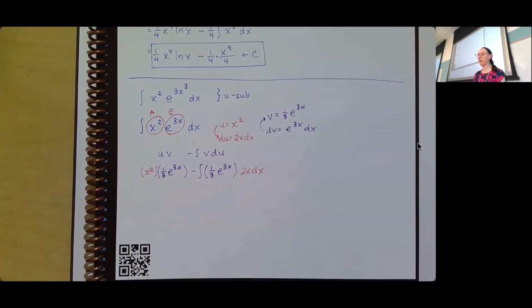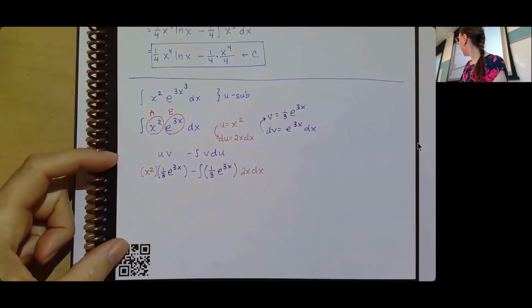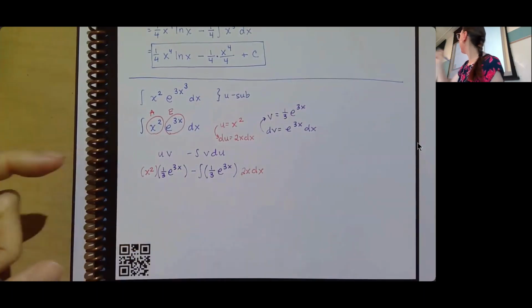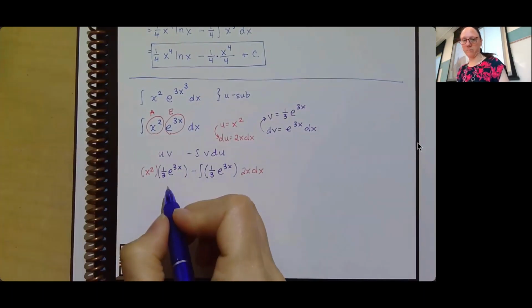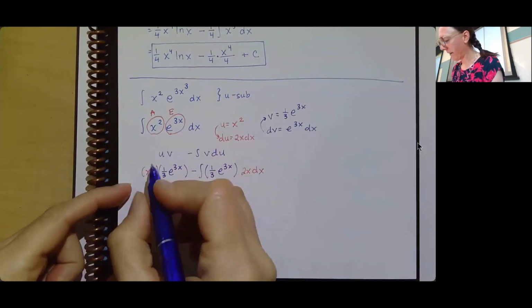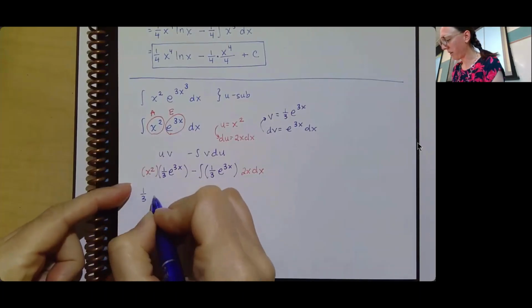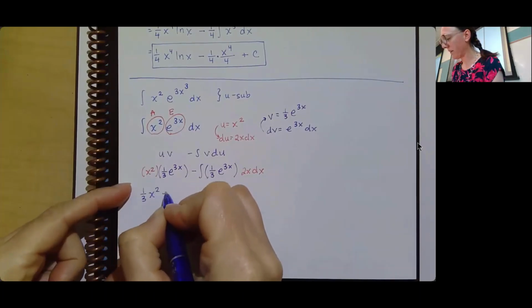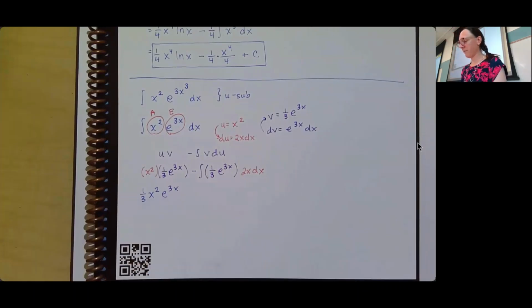Every time I get to this point, I pause and simplify. Yes, the v was 1/3, chain. Yeah, we're undoing the chain rule. Totally. So if I clean this up a little bit, I am looking at 1/3 x squared e to the 3x.